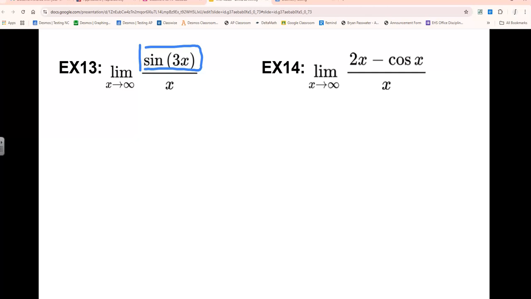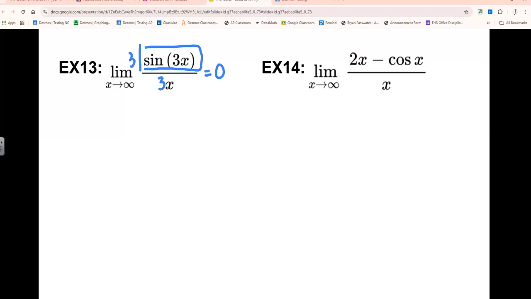What am I going to get here? I'm just going to get 0 for that. So even with the 3 in there, if you want, you could think about putting a 3 here and a 3 out here, but then you would just end up with 3 times 0, still 0, right?